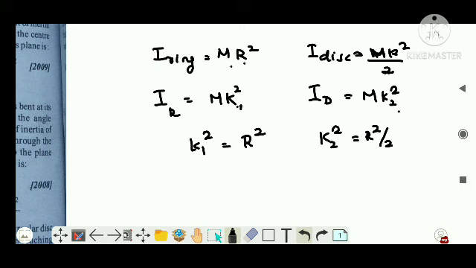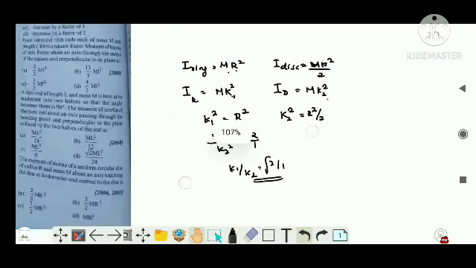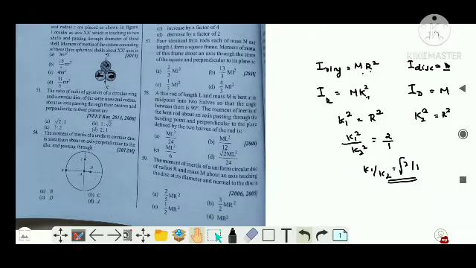Right? So k1 squared by k2 squared is equal to 2 by 1, right? Or I can write k1 by k2 is equal to root 2 by 1. Simple as it is. Just compare the equation with the radius of gyration. It is very easy. Clear?